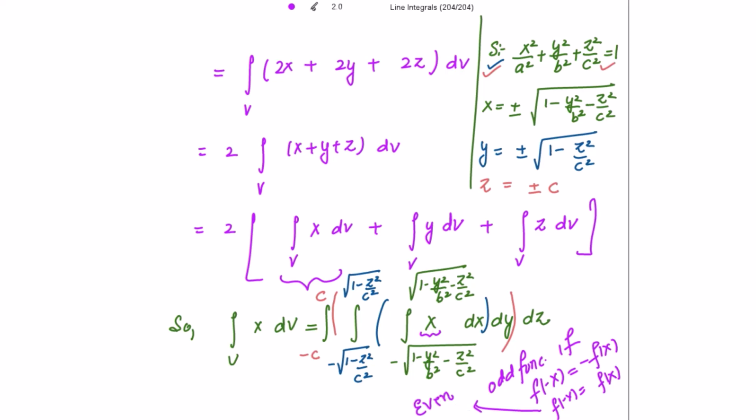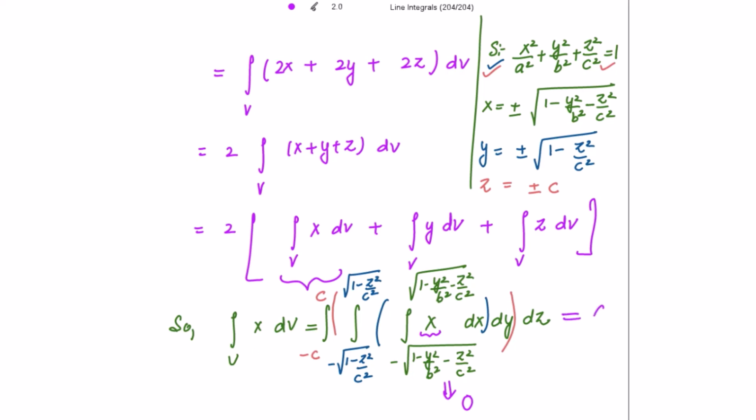So here x is the odd function. And for an odd function, if the integral is having the same limits with opposite sign, then that integral of an odd function is 0, right? So the value of the innermost integral is 0. So this complete integral is 0.